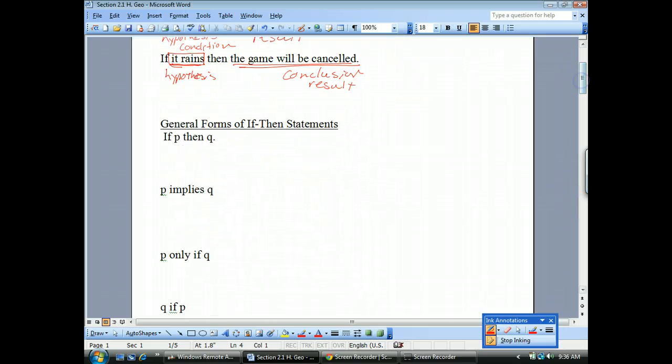Now, if-then statements can be written in basically 4 different ways. You must memorize these 4 different forms. So these are the general forms. The first one is if P then Q. So the hypothesis is first, and then the conclusion follows.